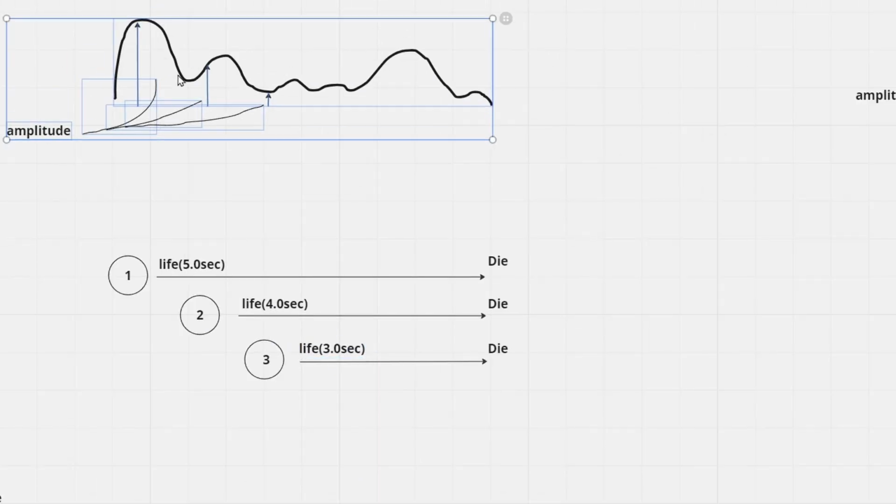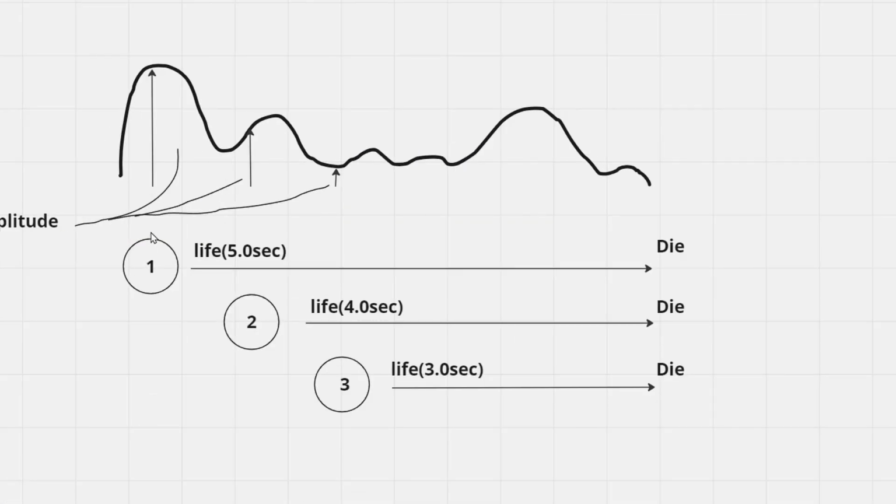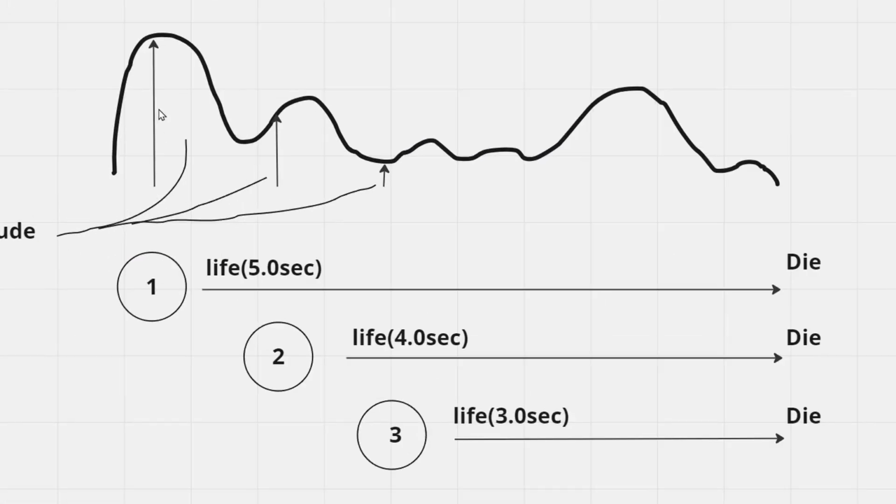The audio spectrum is like this wave, and we can get the value by the age. Now we use a normalized age, right? Normalized age means, for example, 5 seconds is the maximum age.